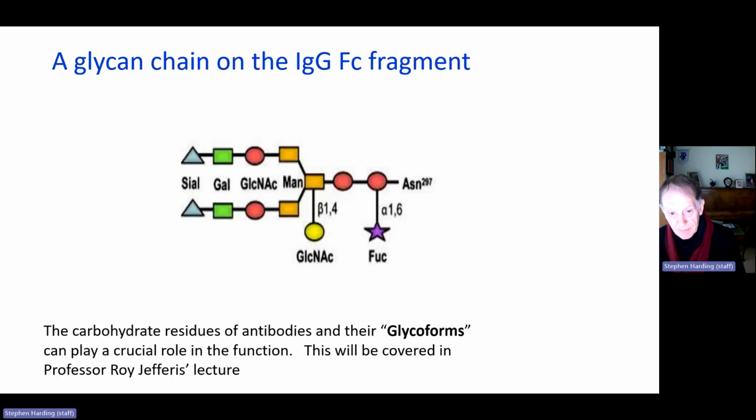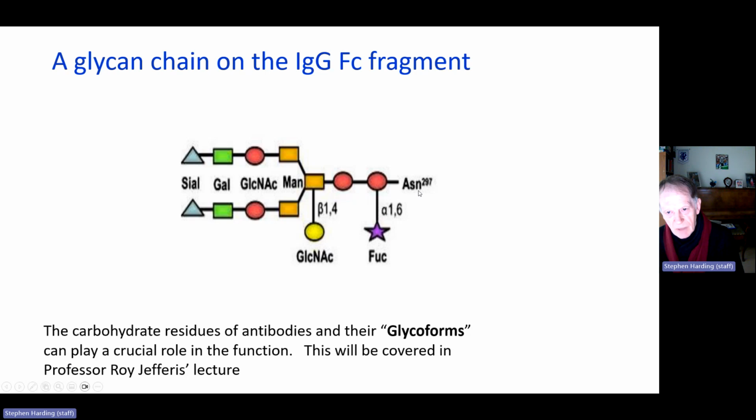So remember that. And this is the glycan chain on the IgG Fc fragment, represented in this color and shape notation. On the Fc fragment, the glycan chain, the sugar chain, is linked to the protein heavy chain via Asn 297.